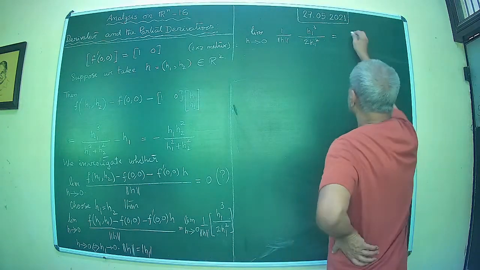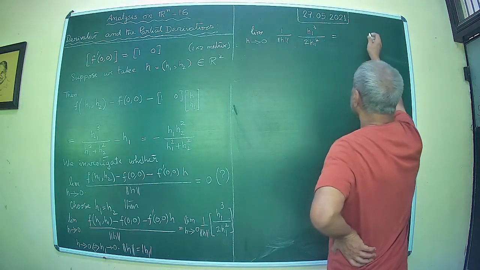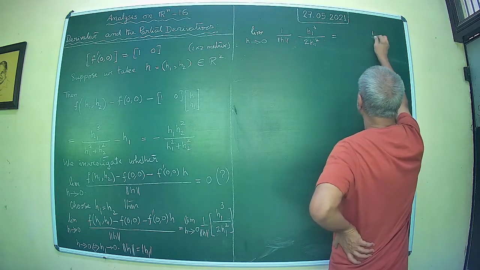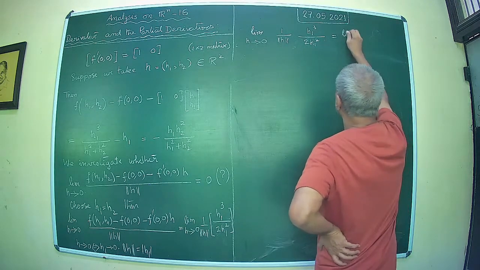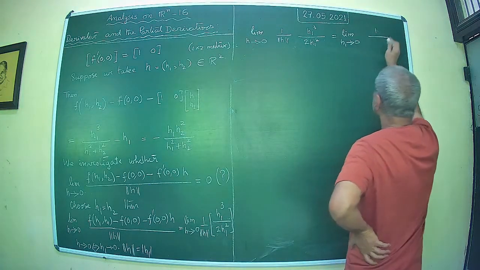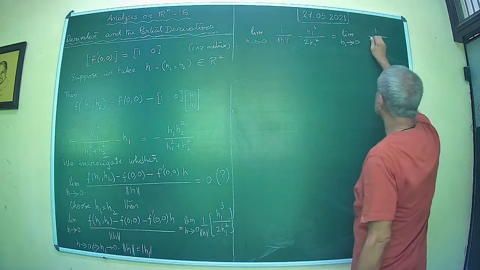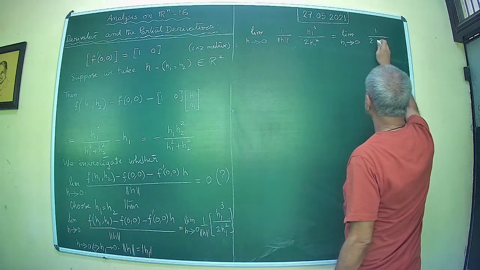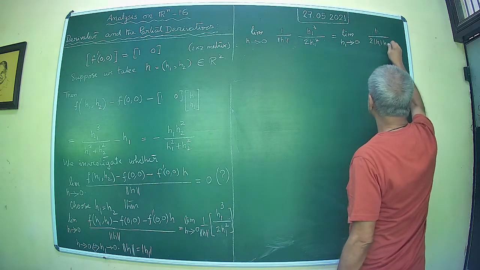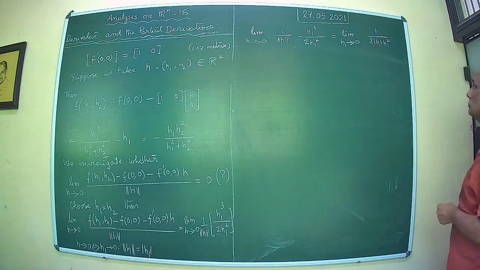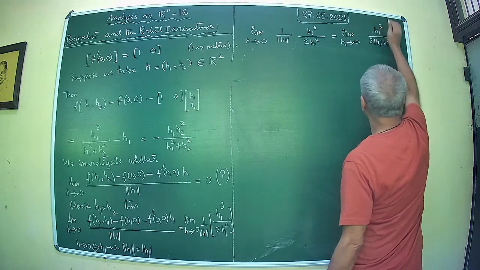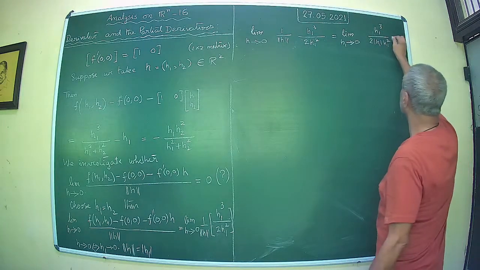Therefore you have mod H1 here, so you have in fact 1 by 2, and this is not equal to 0.